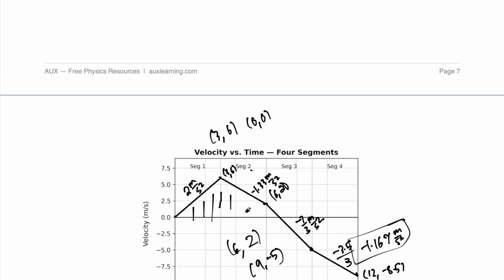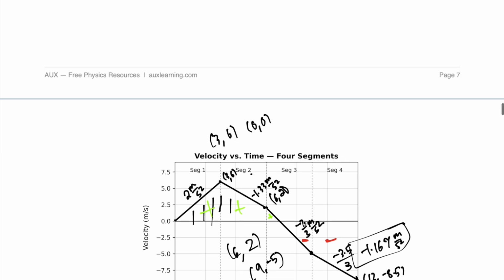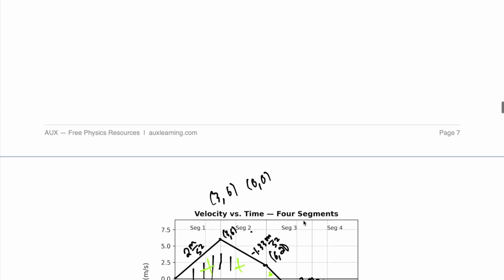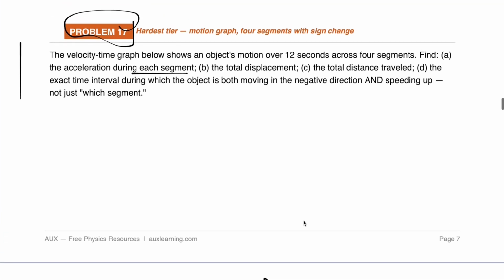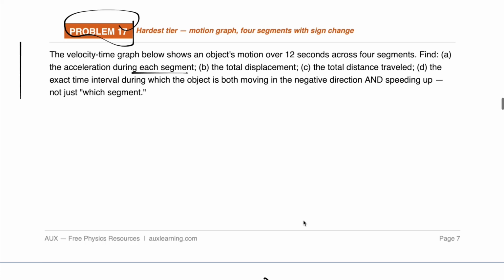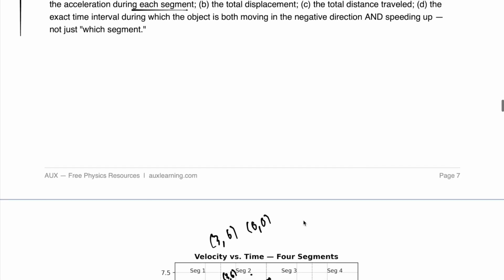But this one would have a positive area, and this would also have a positive area, and then these two would have negatives, and then you'd have to subtract this from the positive displacement to get that. For the distance, you just add the magnitudes of both of them. And so D is what I really want to go over: the exact time interval during which the object is both moving in the negative direction and speeding up.